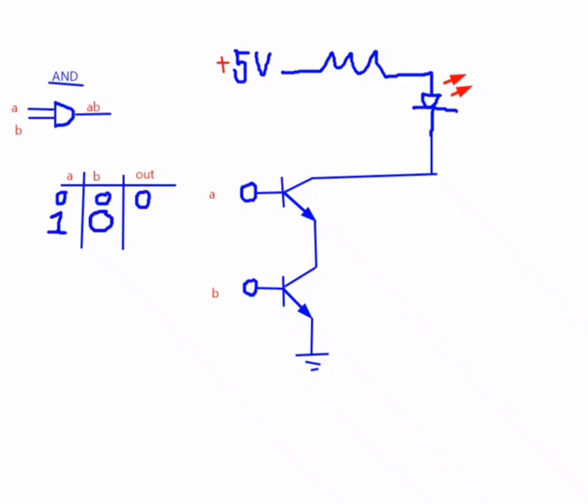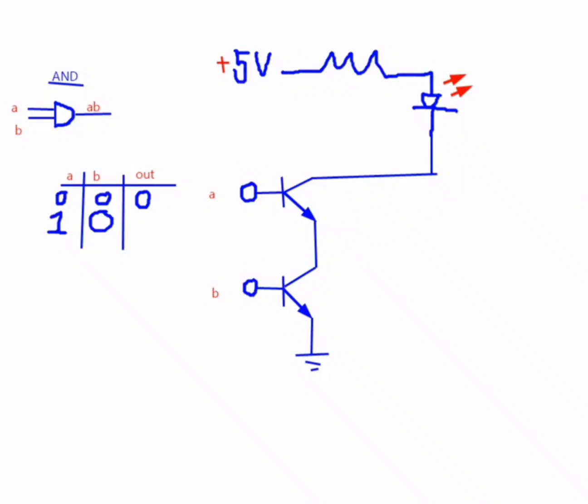Now what if A is in the on state and B is in the off state? Will the LED be on or off? Current will flow to the LED and current will flow to transistor A. However, since transistor B is off, no current can flow to the ground.